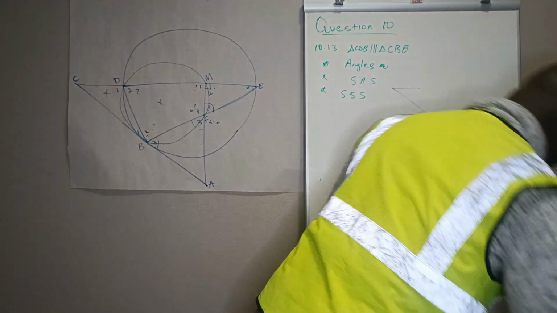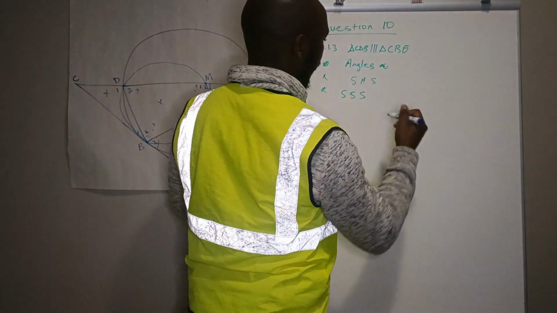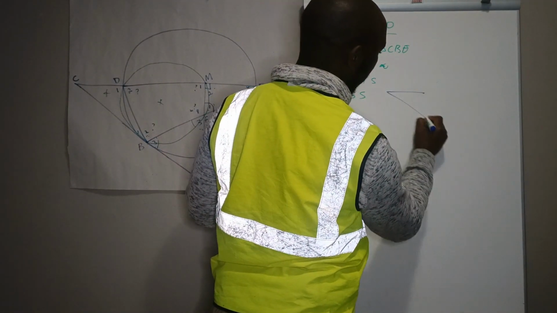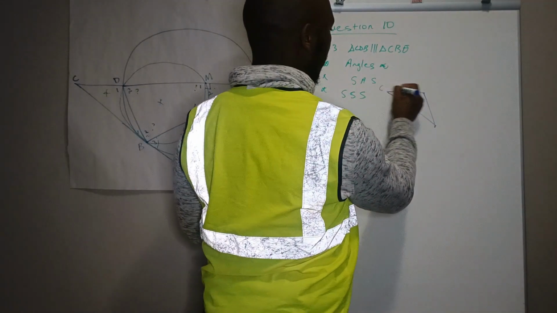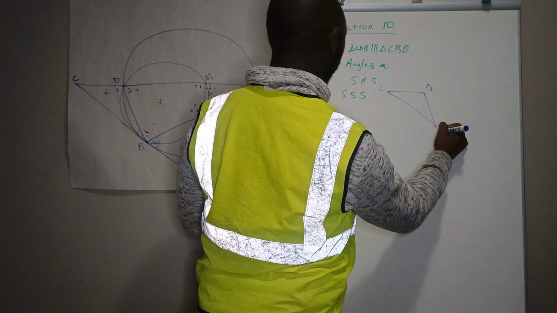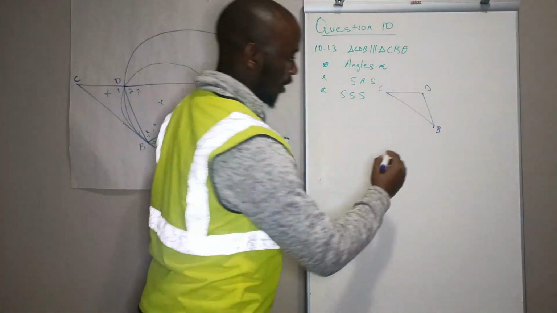Okay, let's use a different color. That triangle has C, D, and B. We have another triangle. Let me try to draw them out.